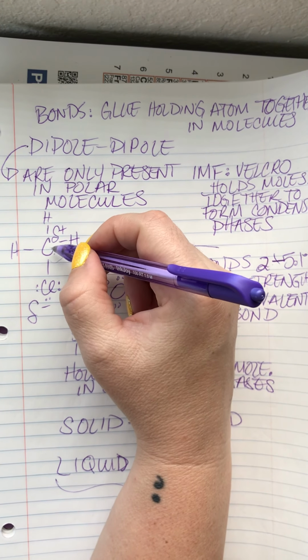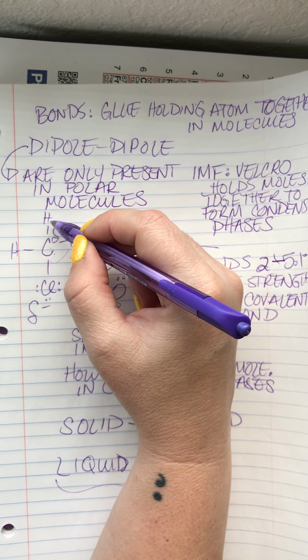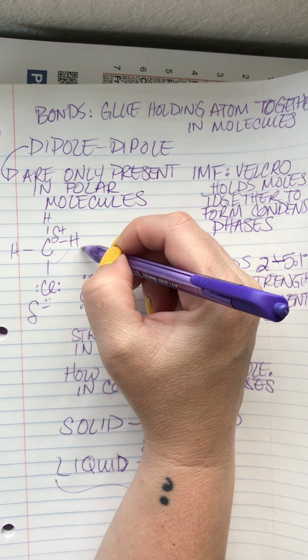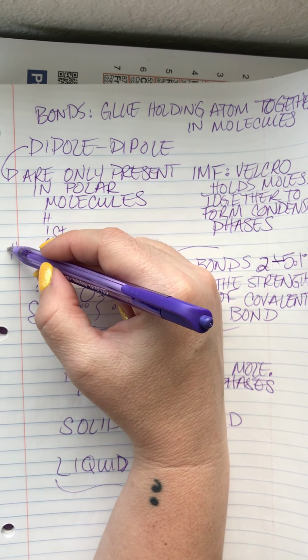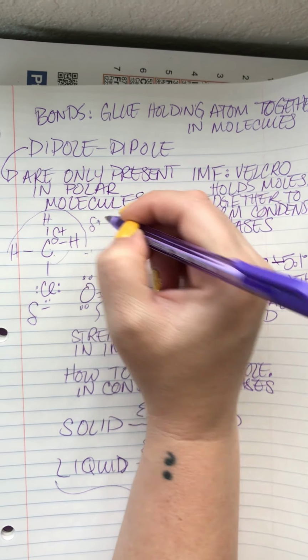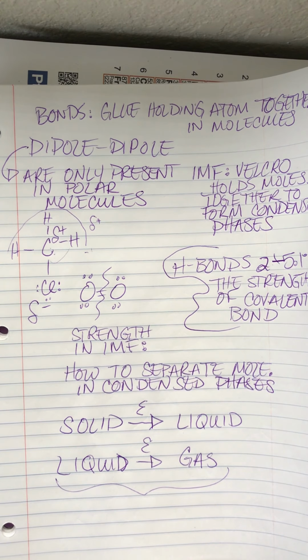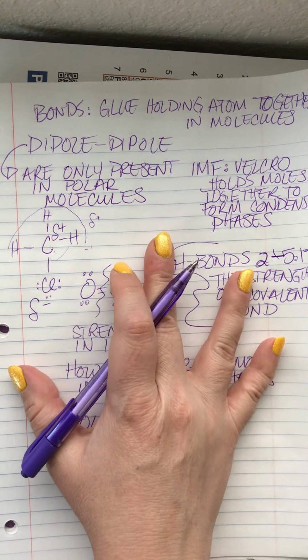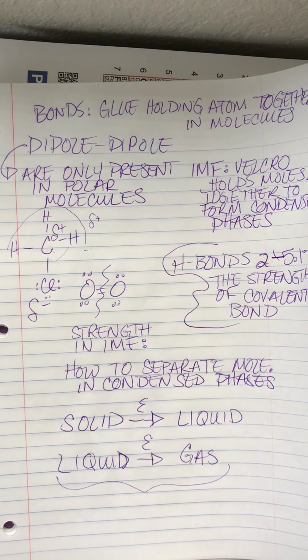The partial positive on the carbon will also pull a little bit of the electron density off of your hydrogens, so it makes the whole base of this molecule kind of partially positive. And we'll look at some electron maps of pictures of molecules. I think that'll help you guys understand what we're talking about here a little better.